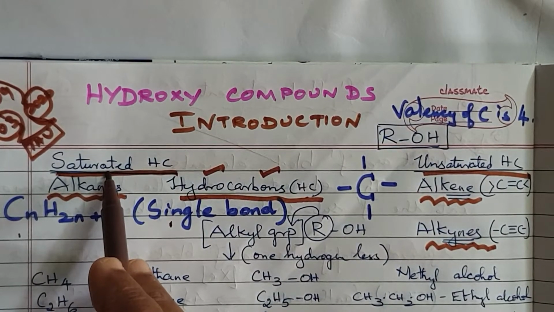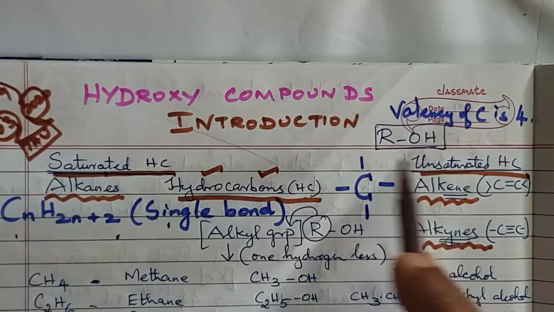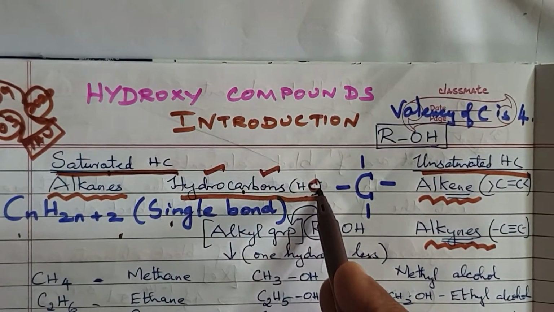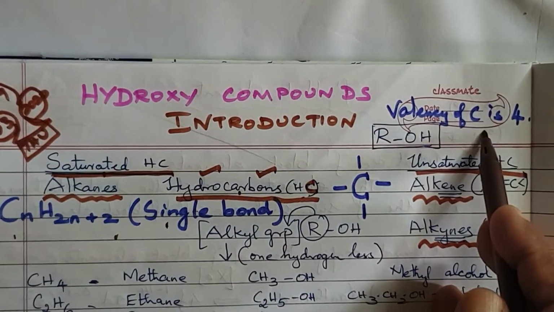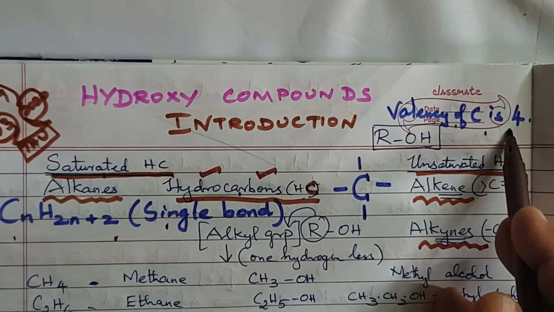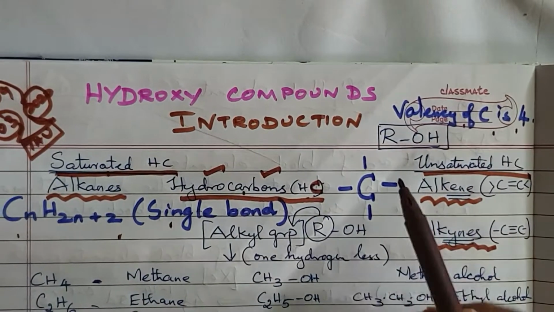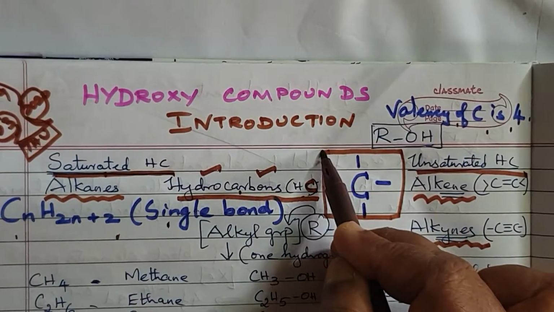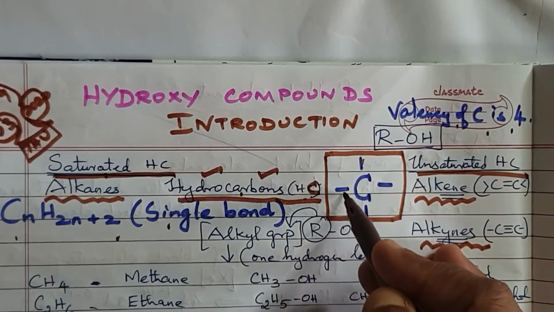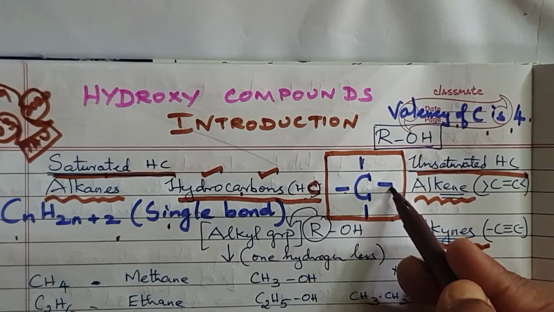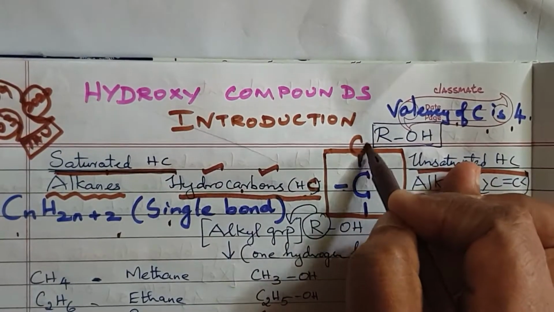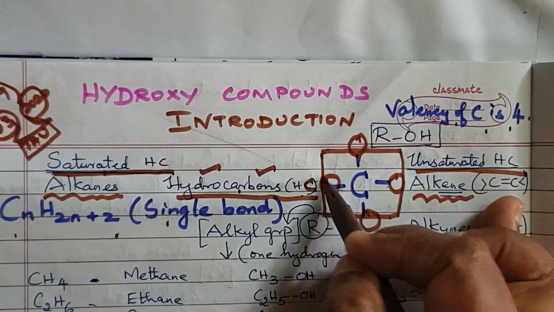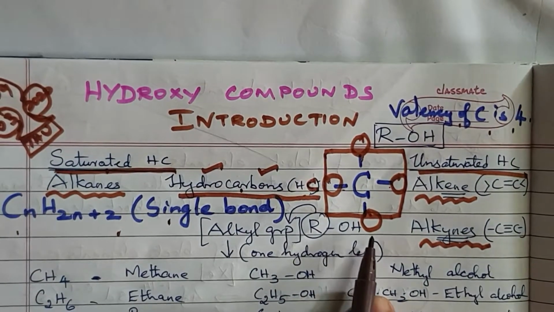What is a saturated compound? When we consider a hydrocarbon, it consists of carbon atoms. A carbon atom has a valency of 4. Always remember that a carbon atom has 4 valencies, which are represented as 4 bonds here, meaning it can combine with 4 different atoms.